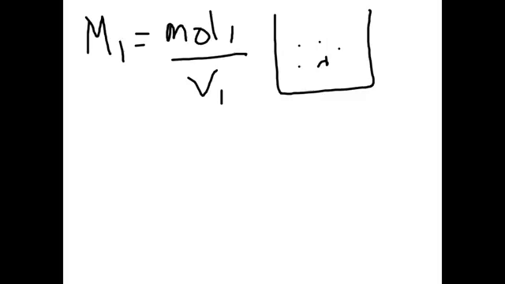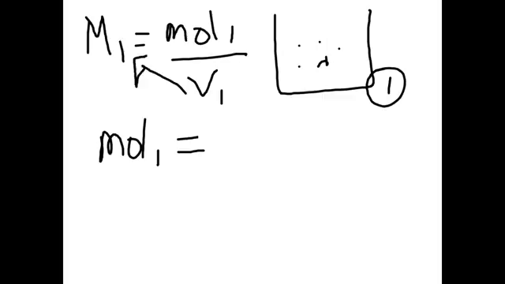So this is beaker number 1, and we're going to say that moles 1 is equal to, rearrange the formula for me. What is moles 1 equal to? That's M1 times V1, because one side is equal to the other side, yes? So we get M1 times V1.